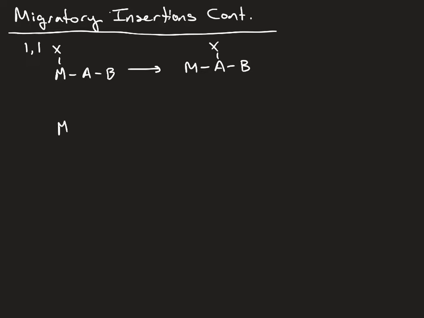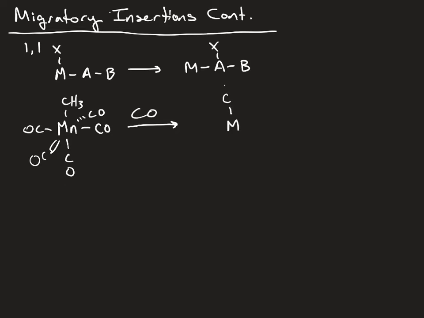An example of this is the chemistry that methylmanganese pentacarbonyl undergoes. Here you get a migratory insertion of the methyl group into the carbon on the CO ligand. Upon formation of that 5-coordinate species, an exogenous ligand such as CO can coordinate in. And you form this species. So this is a 1-1 insertion.